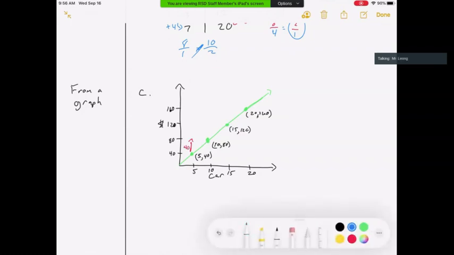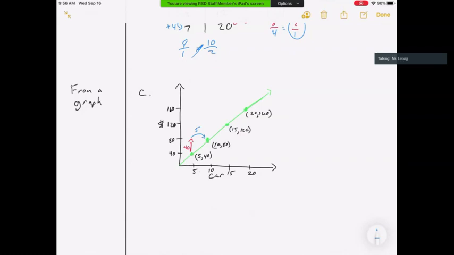And how much do we need to go over to get to that next point? We need to go from 5 to 10, which is a total of 5. You see that?